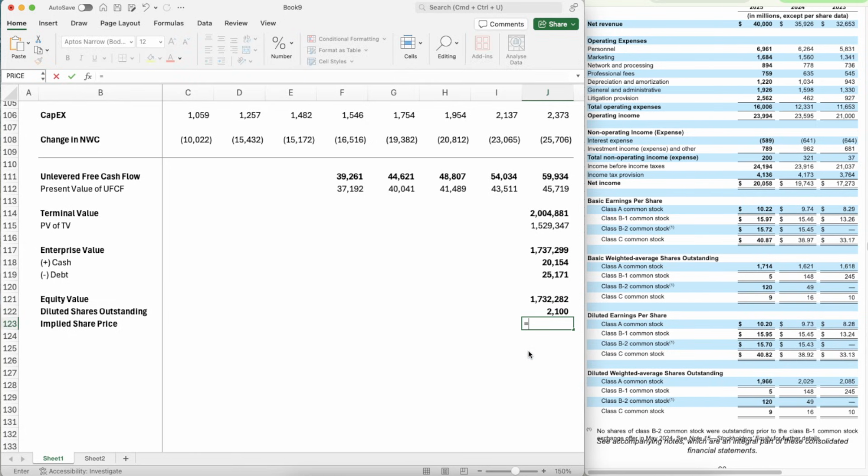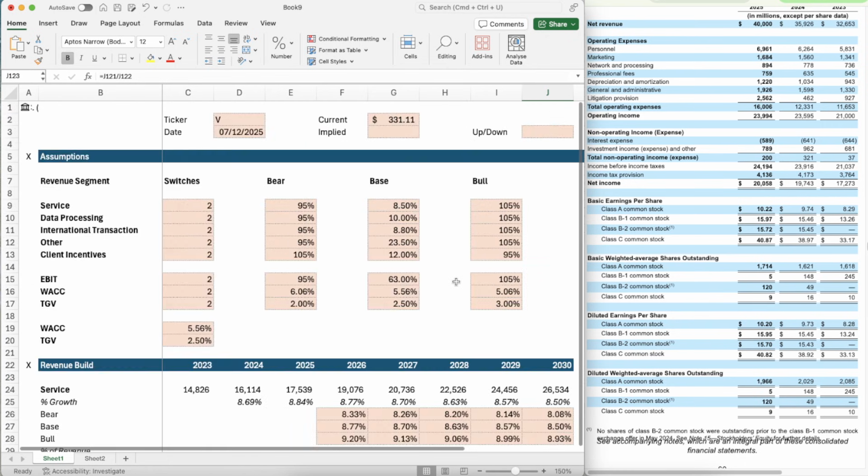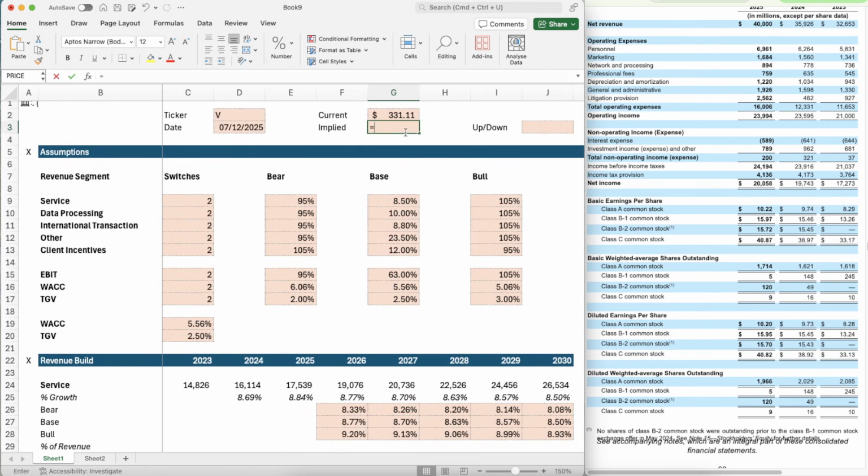Then the implied share price: you take your equity value, divide it by your diluted shares outstanding, and this gives us an implied share price of $825. So we come back up here.